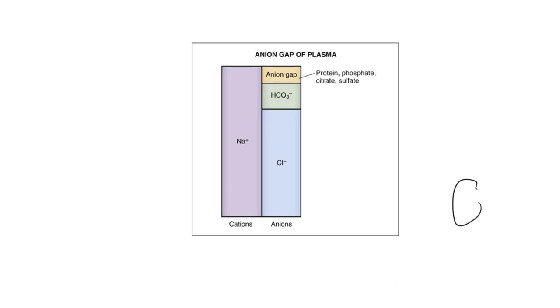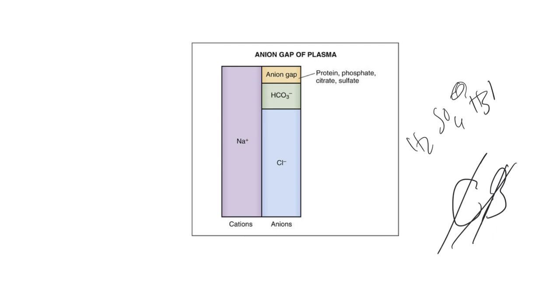Let's say you damage someone's kidneys for good. Over time, you will have the sulfates, the sulfuric acids, the phosphoric acids, all of these accumulate, and your bicarb will start trickling down, and you'll be having an increased anion gap. The classic patients are your end-stage renal disease patients.